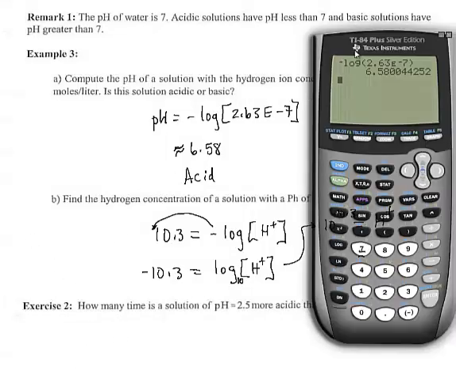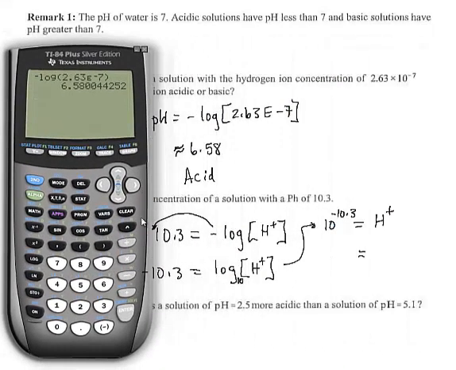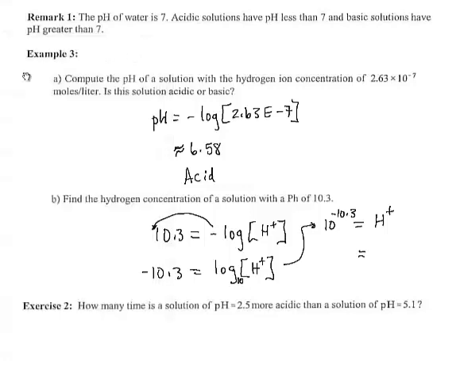So from here we simply use our calculator and we enter 10 to the negative 10.3, and we get approximately 5.01 times 10 to the negative 11.